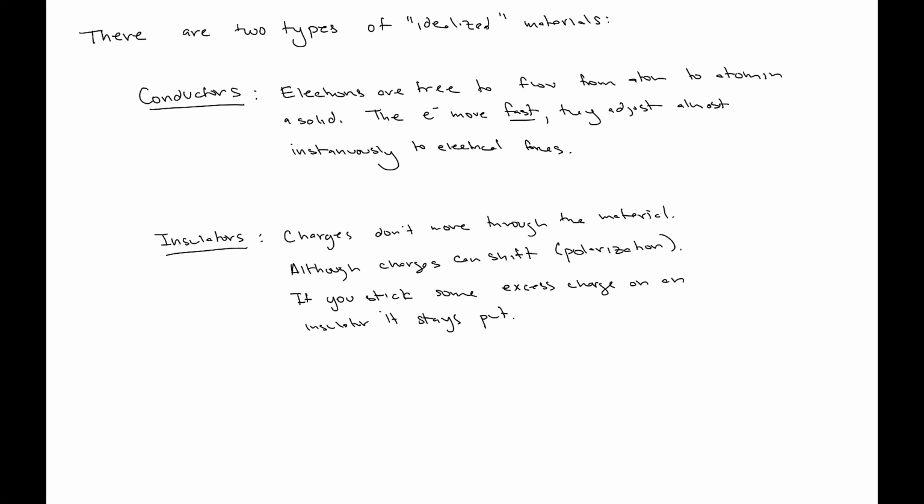An example of that: a balloon is a good insulator. If I rub a balloon against my hair, I'm actually taking some of the electrons from my hair and depositing them on the balloon, and those electrons are going to stay exactly where I deposit them on the balloon. They're not going to travel around the balloon and distribute themselves uniformly.